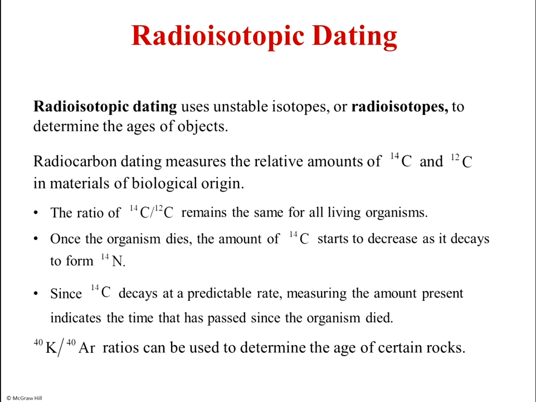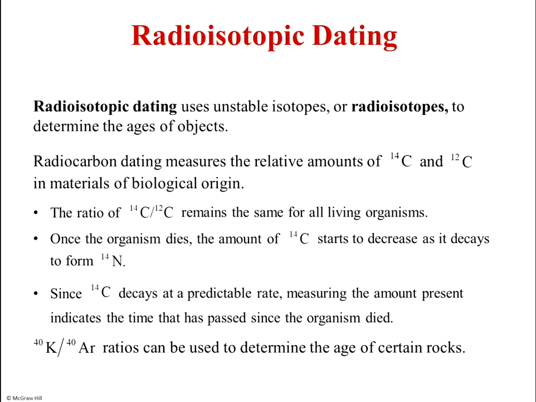This is one version of radioisotope measurements. There are a variety of different radioisotopes that can be used for dating. Radiocarbon dating looks at the relative amounts of carbon-14 to carbon-12 in materials that had a biological origin. So we know carbon-12 is stable, carbon-14 is not, and carbon-14 has a half-life of a little over 5,000 years.